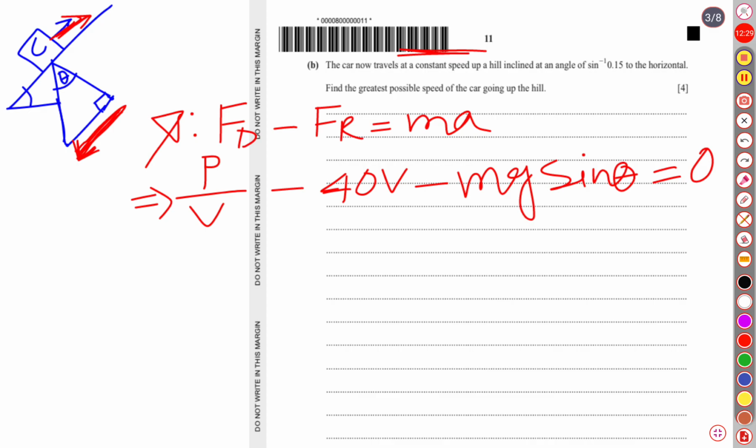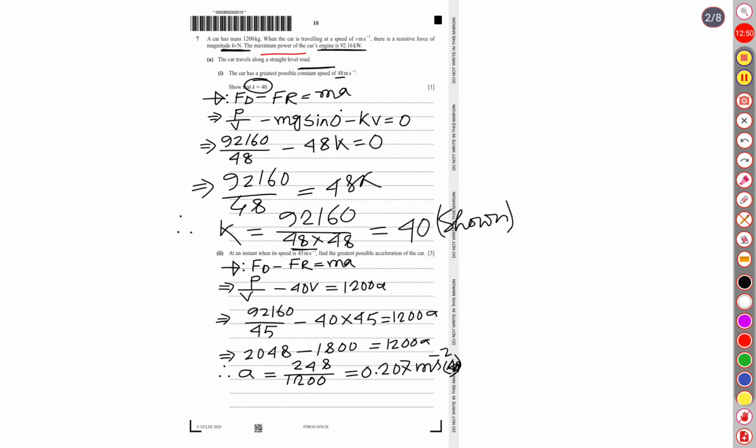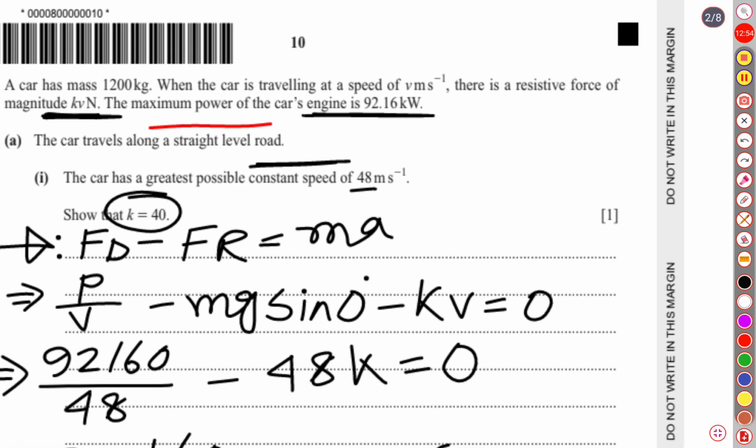I think you have understood, because this vertical line of this triangle is parallel to the ground of the hill. Okay, so power is given as 92160, because it's all about maximum. Here it is given that maximum power is 92.16 kilowatt.